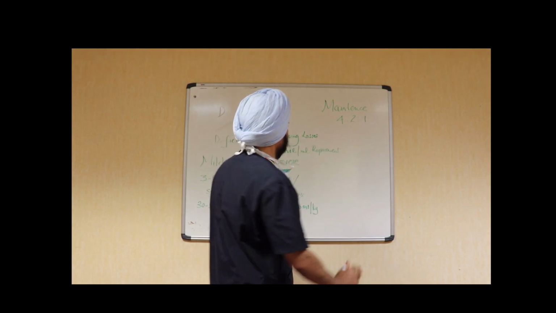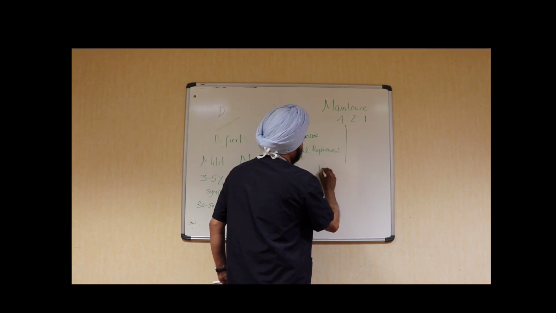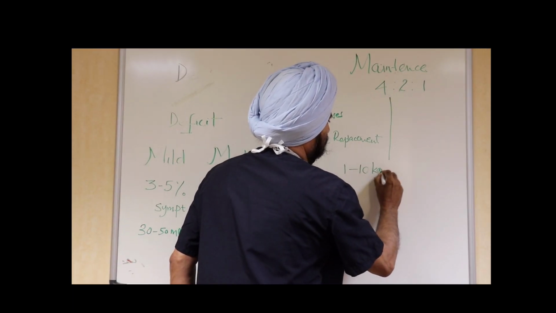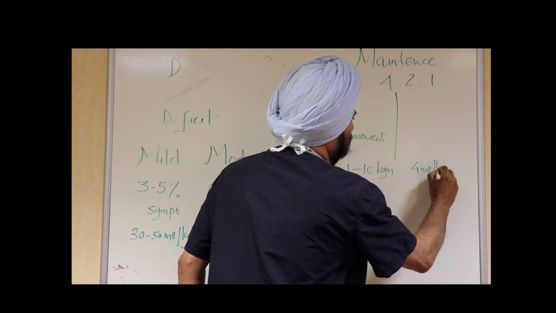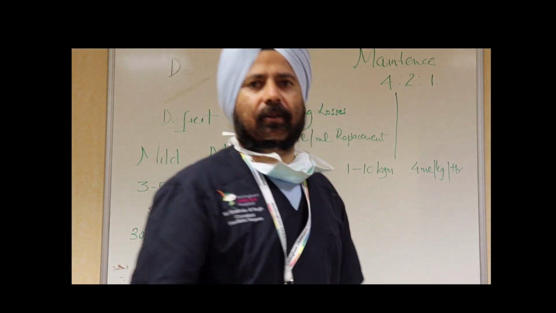So if we go by the maintenance fluid, the first 10 kilogram of the weight of the child gets 4 ml per kg per hour of crystalloid solution.